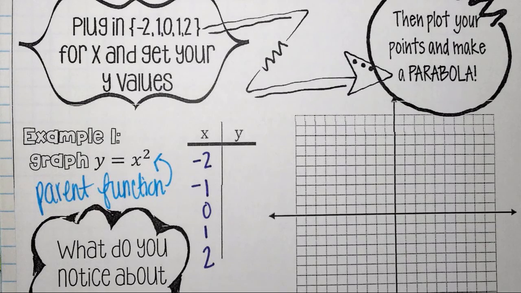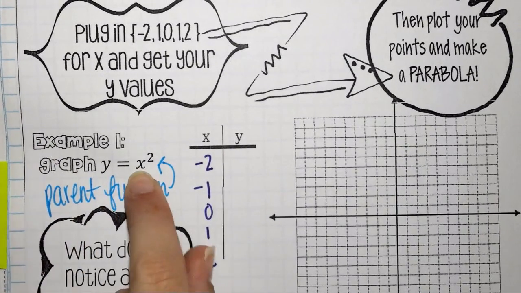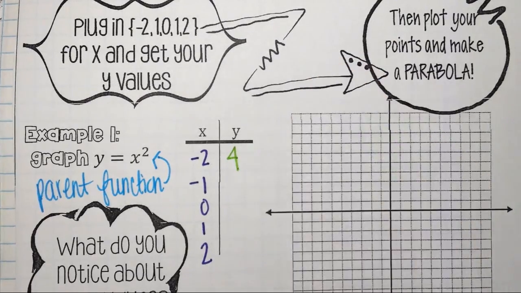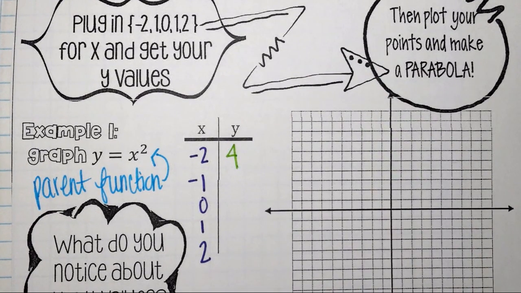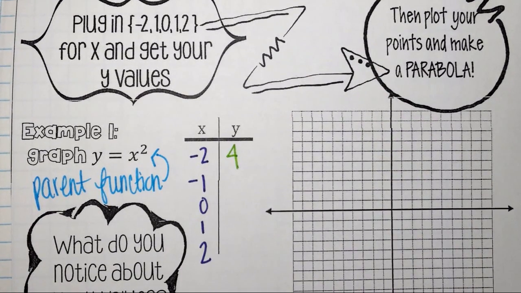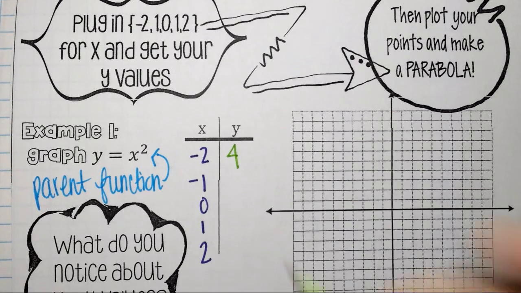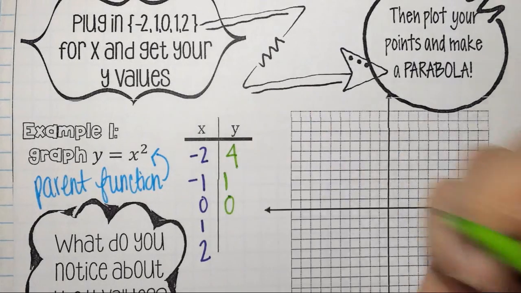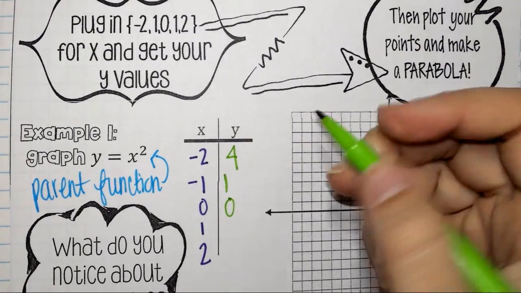Now, are we going to plug those in for x, or are we going to plug those in for y? For x, because this is x. So you plug it in right here. What's negative 2 squared? 4. That's your y value. What's negative 1 squared? Good. What's 0 squared? What's 1 squared?